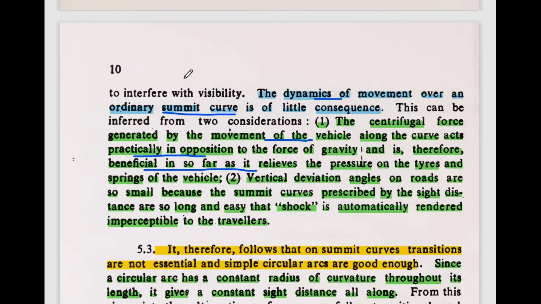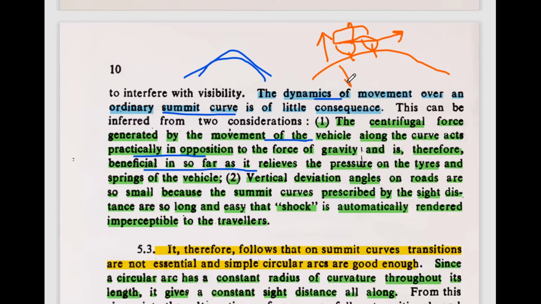So what this point says is that if suppose these are the two gradients and this is the vertical curve, and when a vehicle travels along the vertical curve, the pressure on the tire is released, because the centrifugal force acts away from the ground and gravity acts towards the earth. So the net pressure on the tire gets reduced, and this is kind of an advantageous thing for our vehicle.